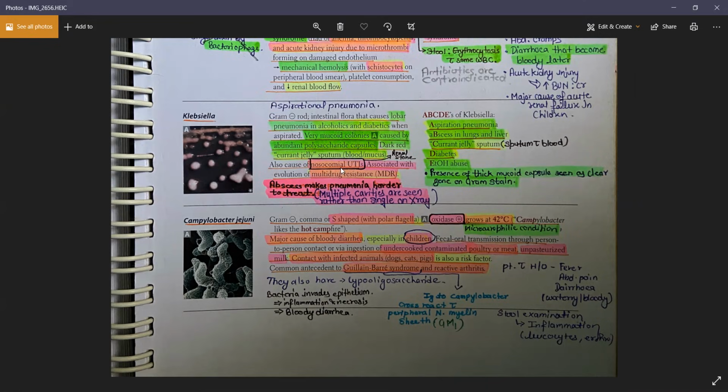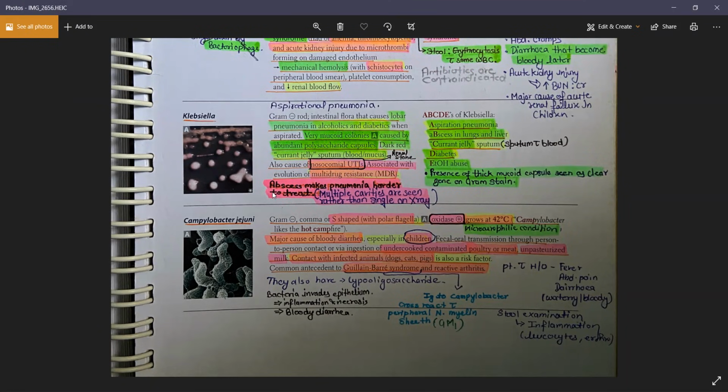They also cause nosocomial UTI, like we have discussed, Proteus, Klebsiella, and Staphylococcus saprophyticus. They are the most common causes of UTIs overall. And Klebsiella, Staphylococcus saprophyticus, and Proteus can also cause renal stones. We have discussed that already.